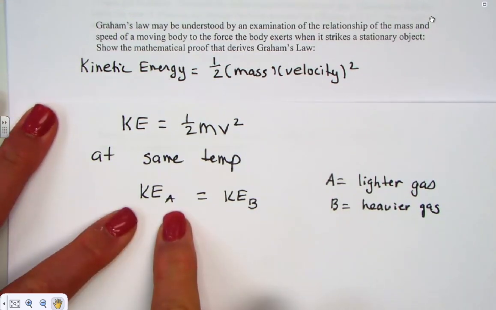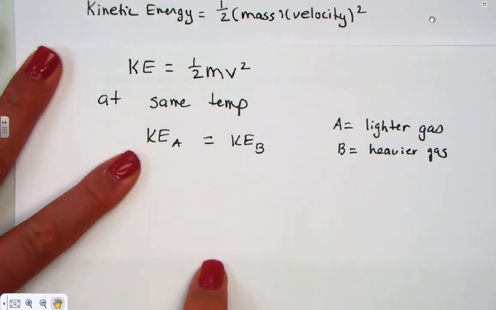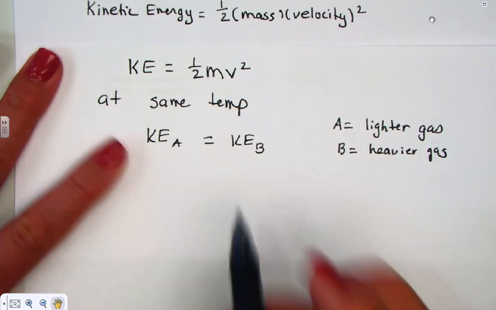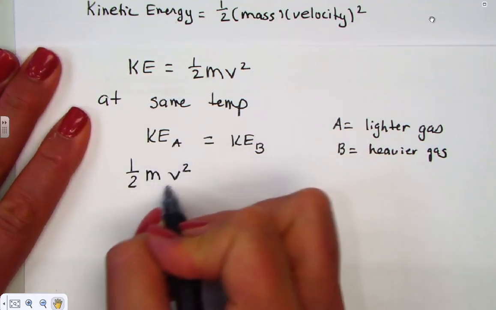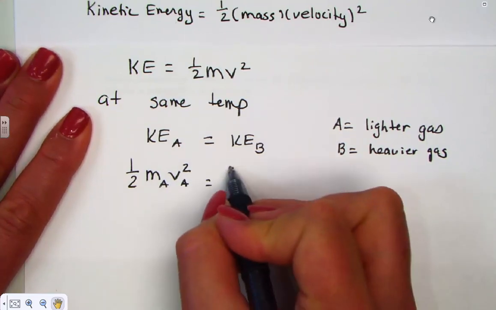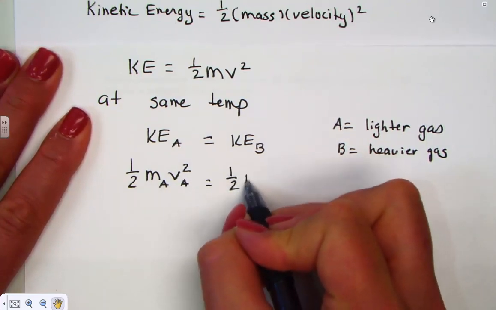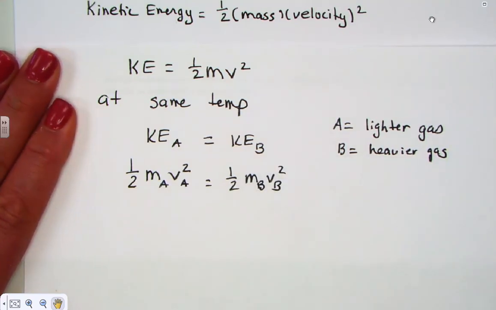I'm going to sub in the kinetic energy formula and derive Graham's law with you, so please keep writing down everything I do. If kinetic energy is 1/2 mv squared, the kinetic energy of gas A is exactly equal to the kinetic energy of gas B as long as they're at the same temperature.